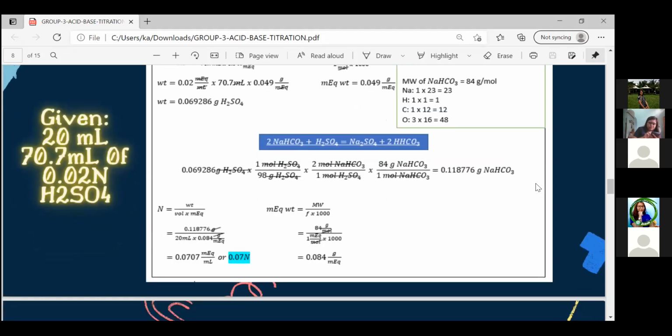So we can now proceed with the sodium bicarbonate. For the sodium bicarbonate, we will use the weight from the sulfuric acid, then we will continue using the stoichiometry.